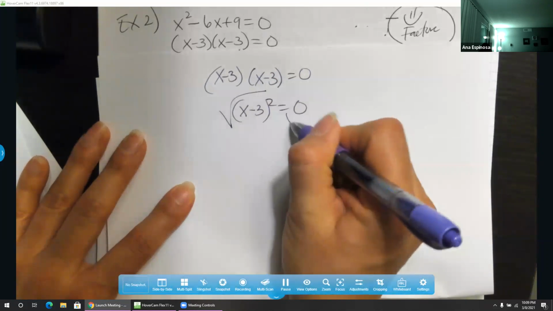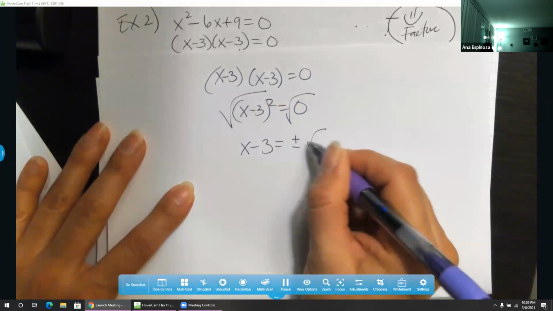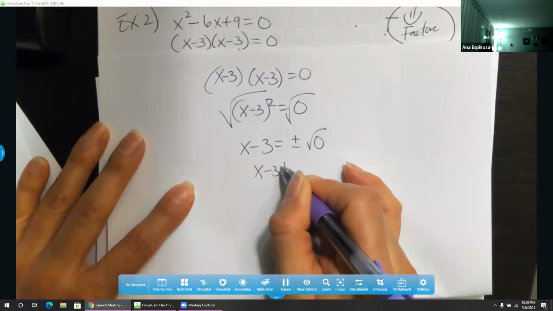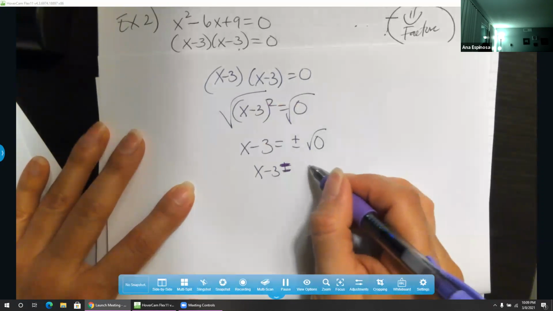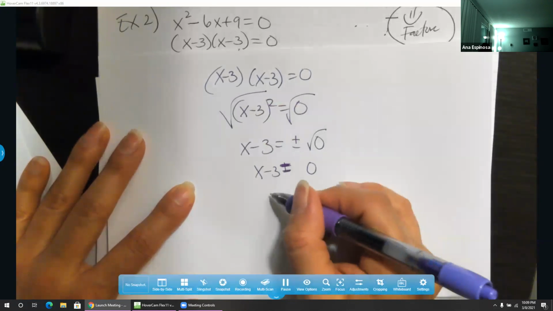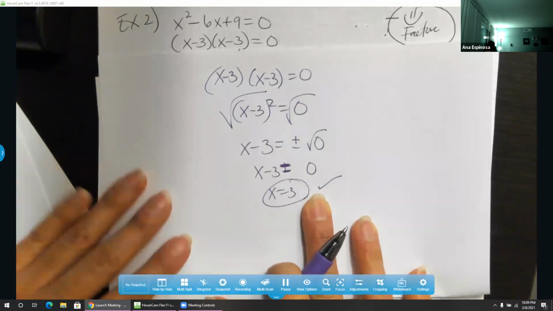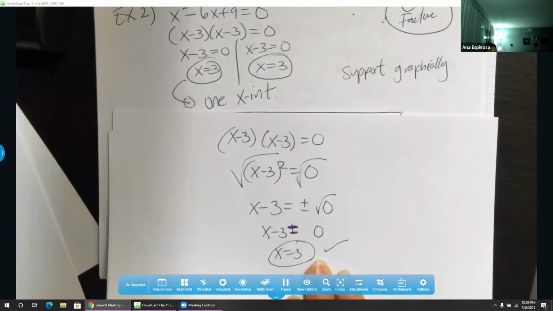Then you take the square root of both sides. You get x minus 3 equals plus or minus, and don't forget, you always use plus or minus. But because the square root of 0 is just 0, it's not positive nor negative. And so you get 3 as an answer, only one solution, which is the same thing we got here. We've got the same solution twice.